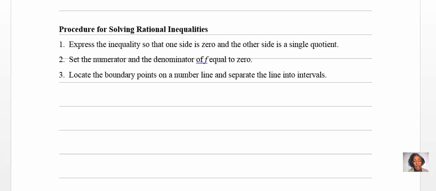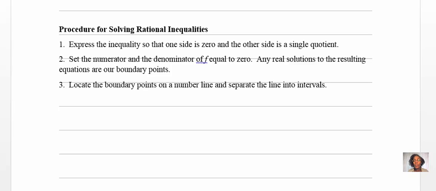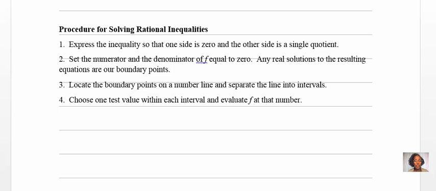Third, we want to locate the boundary points on a number line and separate the line into intervals. So any real numbers that we get from step 2 are our boundary points. In our fourth step, we're going to choose one test value within each interval and evaluate our function at that number.